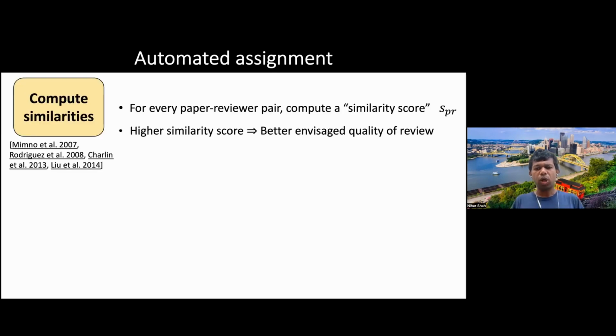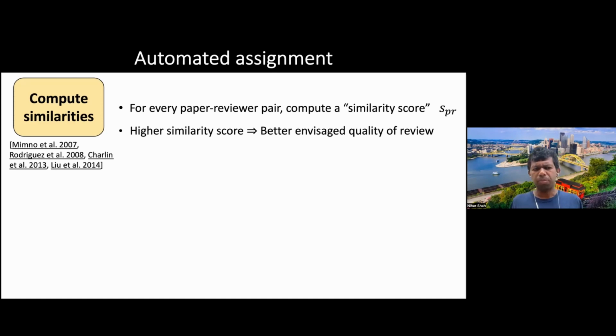And these algorithms operate in 2 phases. In the first phase, you take every paper and every potential reviewer. You have a pool of papers that are submitted, and a pool of potential reviewers. So you take every paper-reviewer pair and you compute what's called a similarity score between this paper and reviewer.